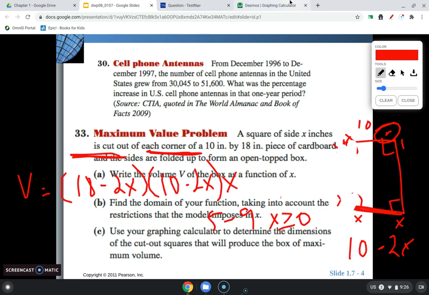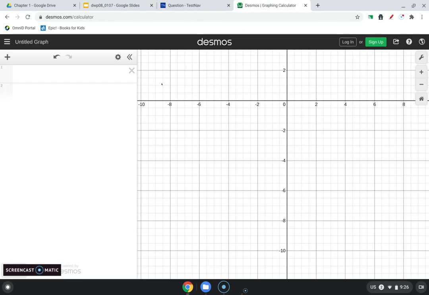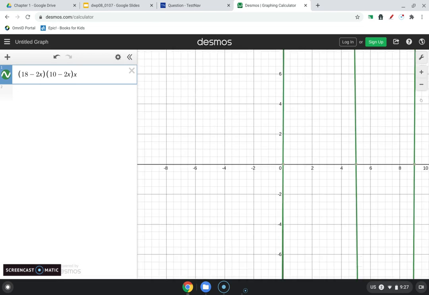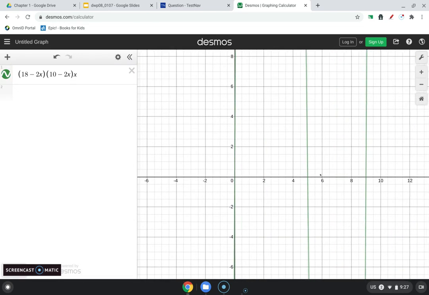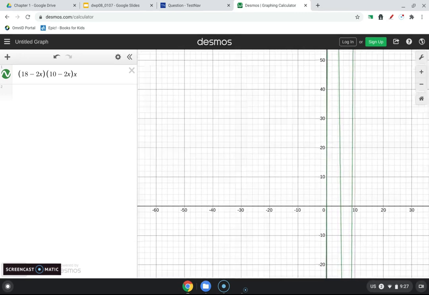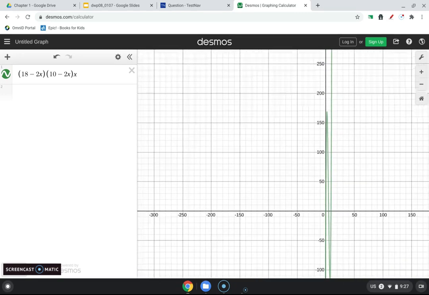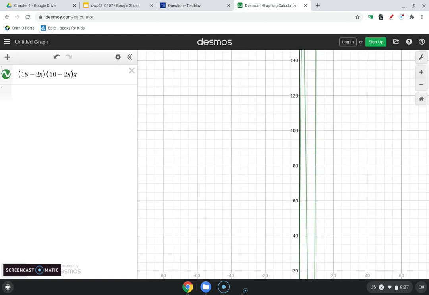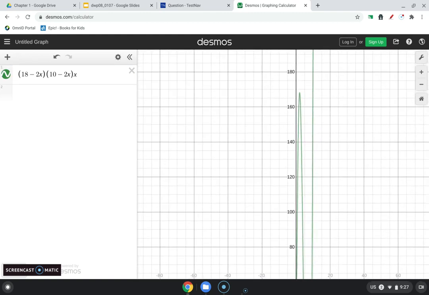So let's go ahead and graph that on the old Desmos. So we got 18 minus 2x times 10 minus 2x times x. All right. So there we go. So if you're looking now, you can kind of see right here.